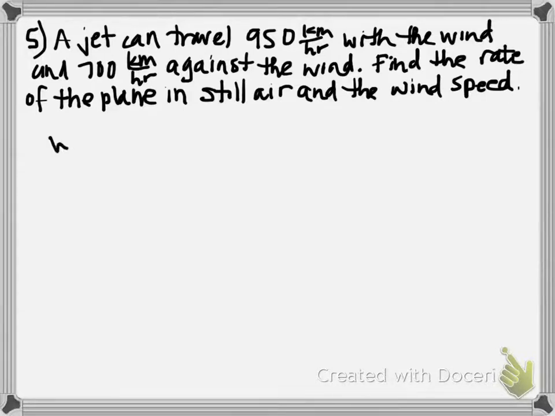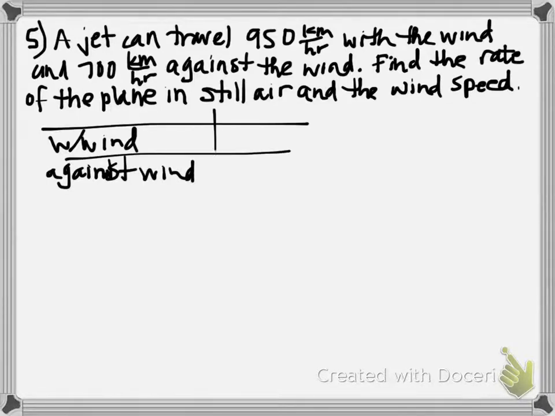So we do have with wind and we have against wind. And all we can write is with the wind, it's P plus W, and against the wind, it's going to be P minus W. So how do we actually solve this problem?